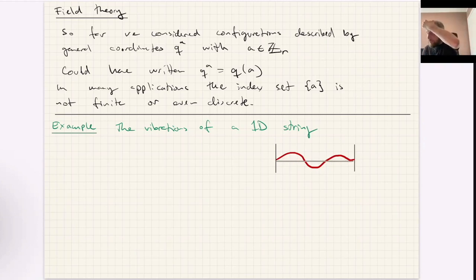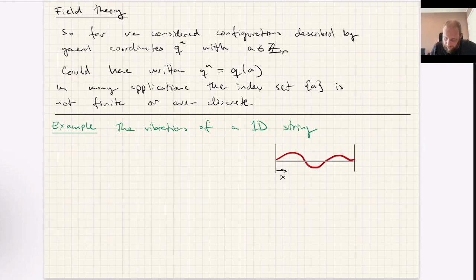So here the configuration of this string is not given by a finite number of coordinates, right? Because at every point, if I define the coordinate x like this, at every point x, the displacement of the string from the equilibrium might have a value.